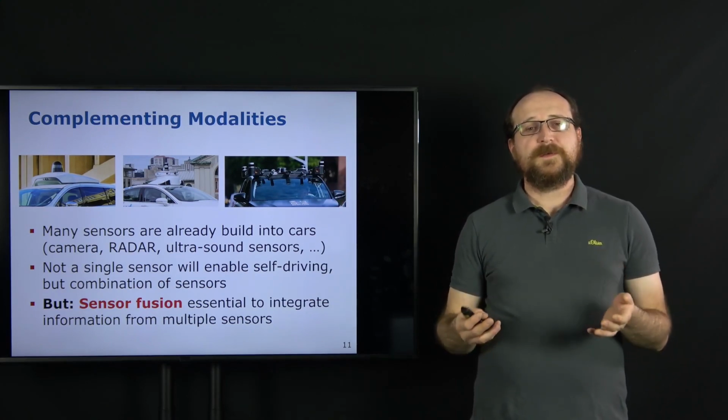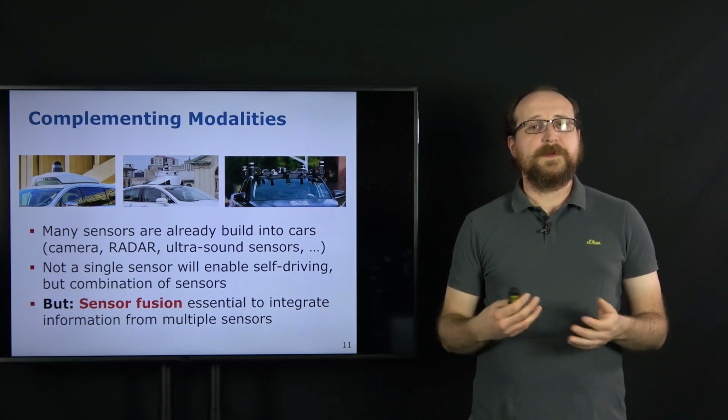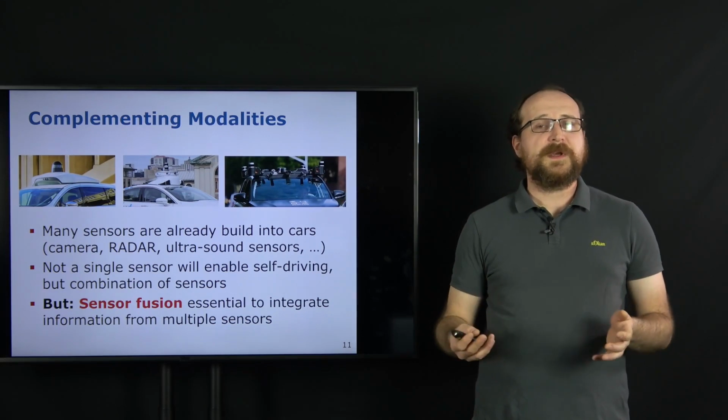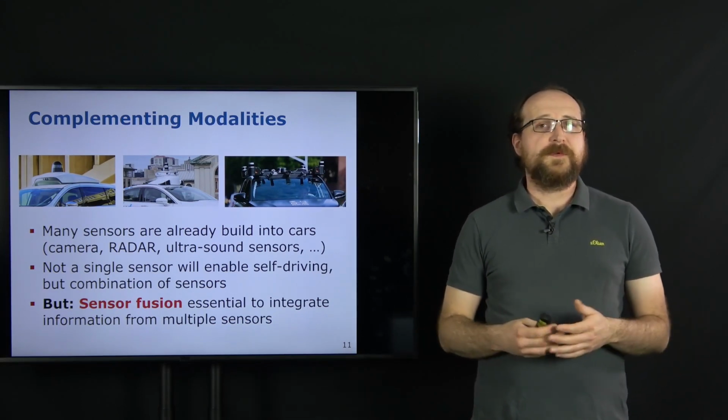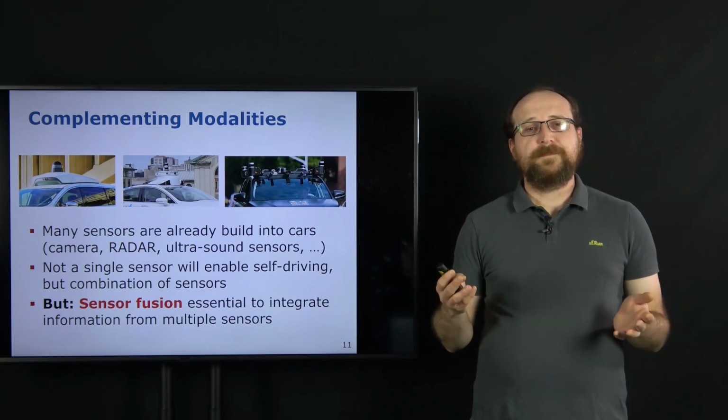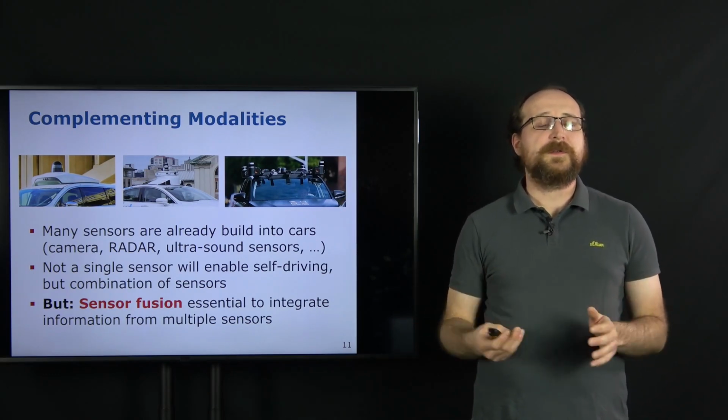So the belief is that not a single sensor will enable self-driving. Maybe the combination of cameras, IMU and GPS, or maybe the combination with LiDAR sensors will enable this. But sensor fusion is here the essential part.